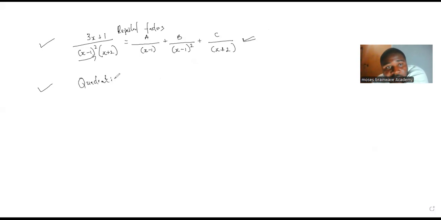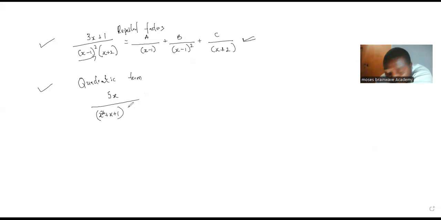Good. But now if it has a quadratic expression in the denominator, there is a quadratic term. For example, let's find an example. If we have 5x, then we have a quadratic term, x squared maybe plus x plus 1, right?